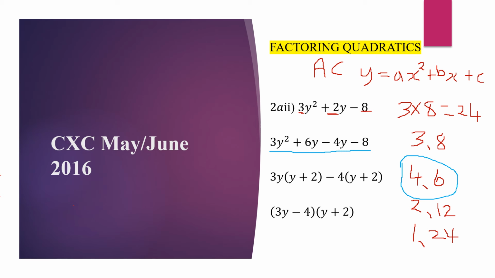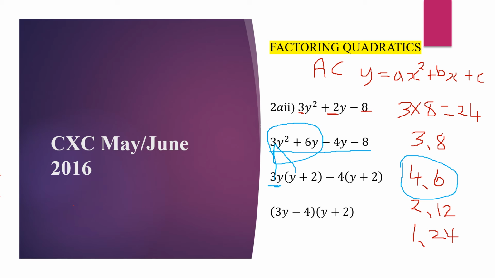Here we see that 3y is a common factor in this side of the expression, so that 3y into 3y squared gives us y. Let us use another color.